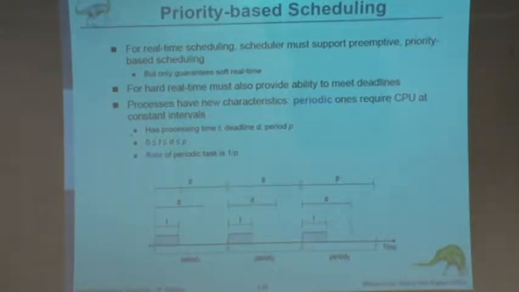Okay, so we can first consider priority-based scheduling. In priority-based scheduling, first we consider a certain amount of CPU time that is the period. Periodically, each process should get the CPU like this: we have period 1, period 2, period 3, and at this time the process needs to get this amount of CPU time, which is called the rate.